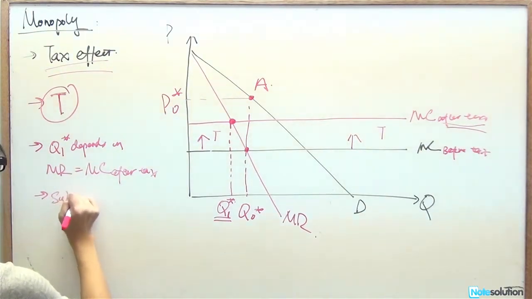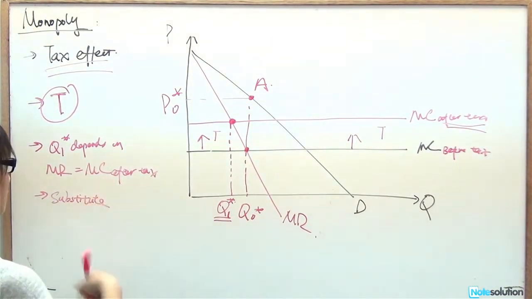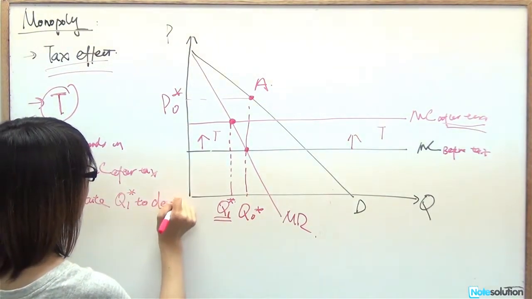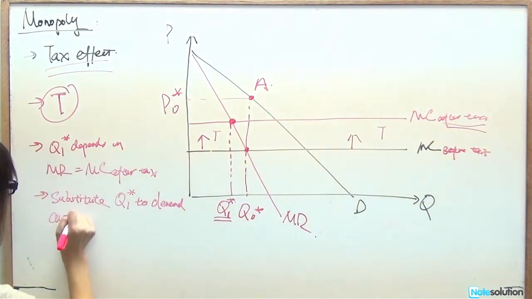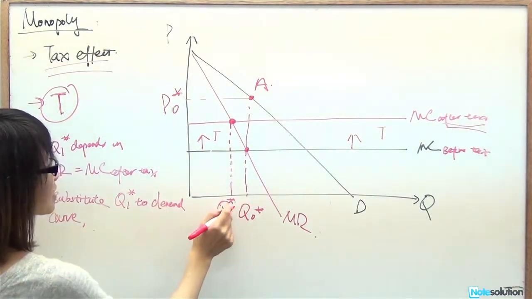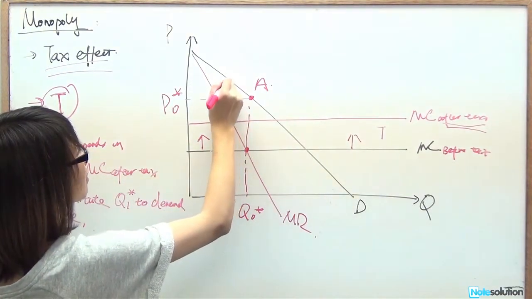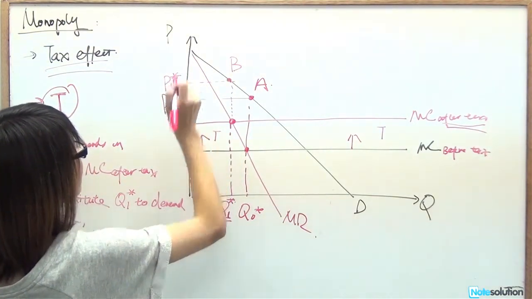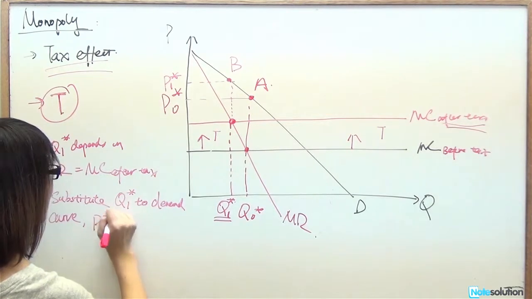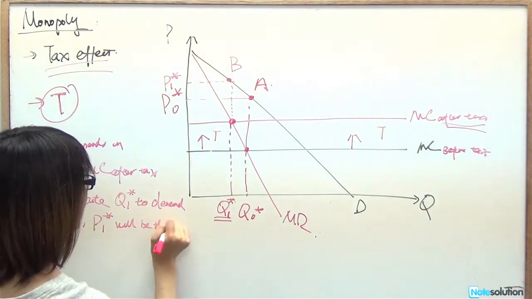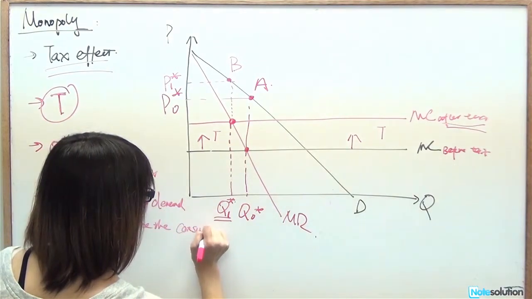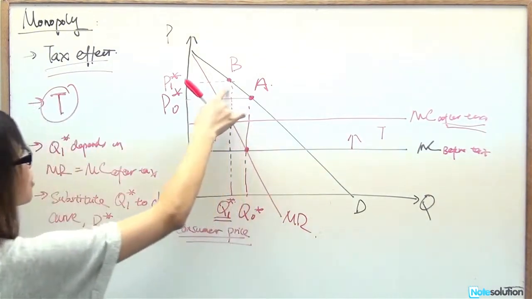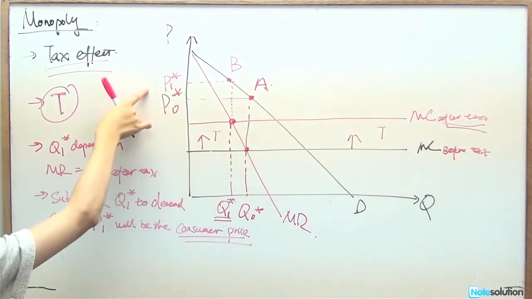If we substitute Q1 star into the demand curve, we get point B at P1 star. P1 star will be the consumer price, so the consumers have to pay P1 star after tax.